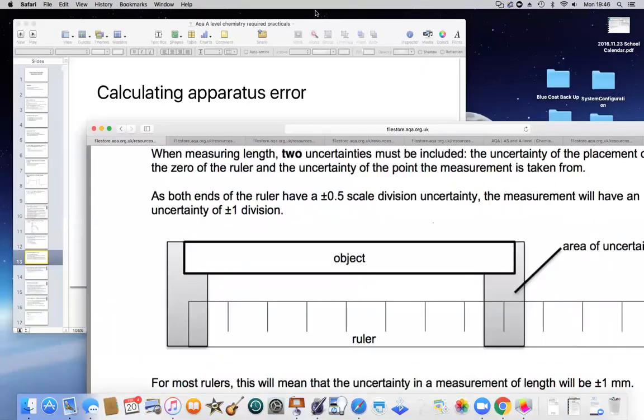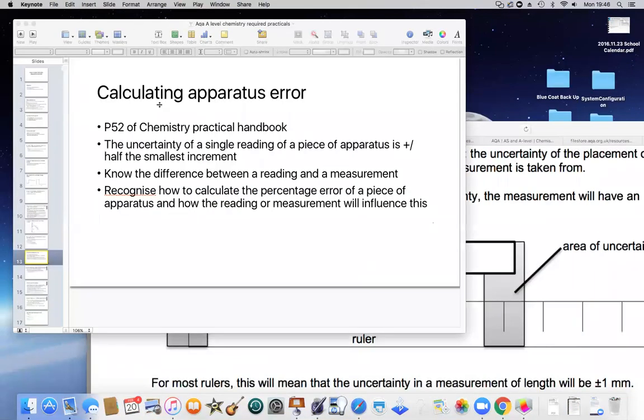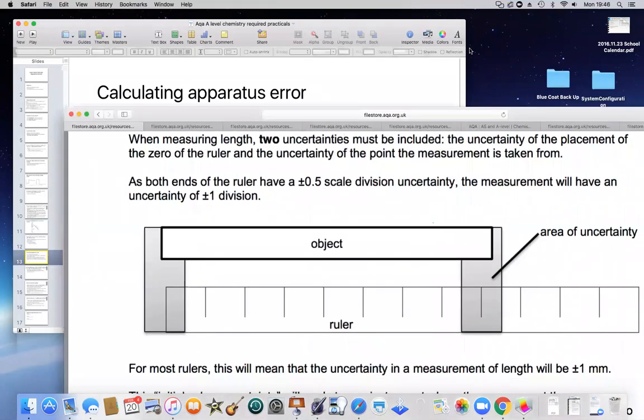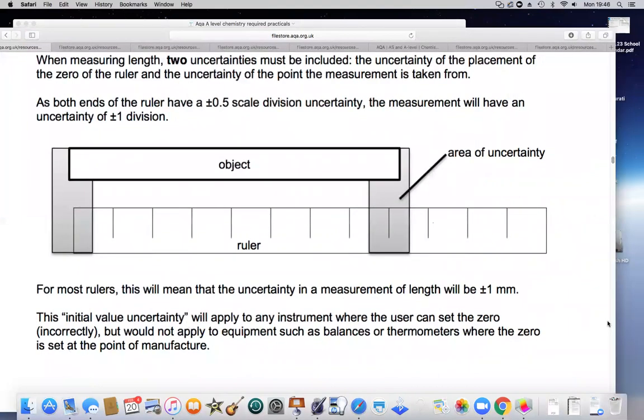Before we do, you need to know the difference between a reading and a measurement, and we'll have a look at some examples of calculating the percentage error of a piece of equipment.